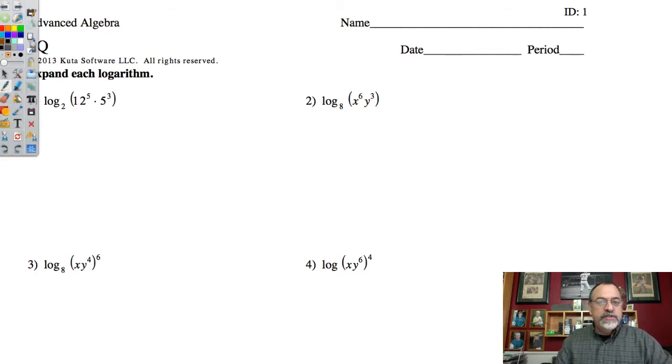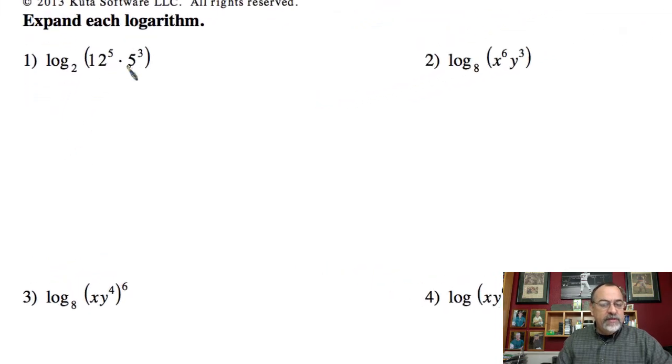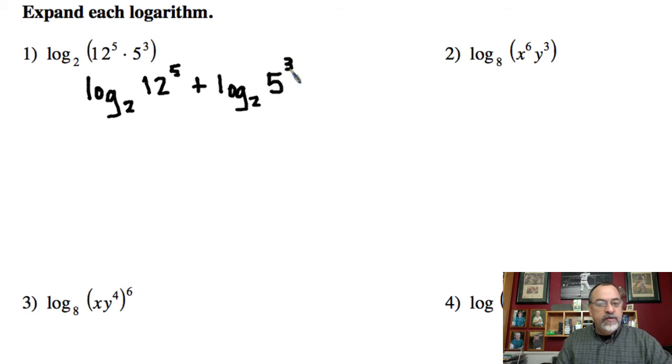So we're asked to expand these logarithms, so we're going to use the properties of logarithms. So I have a number times a number, so we're going to use addition. So this is going to be log base 2 of the 12 to the 5th, and because we're multiplying, we add, so that's log base 2 of 5 cubed. So that is adding because it's multiplication.